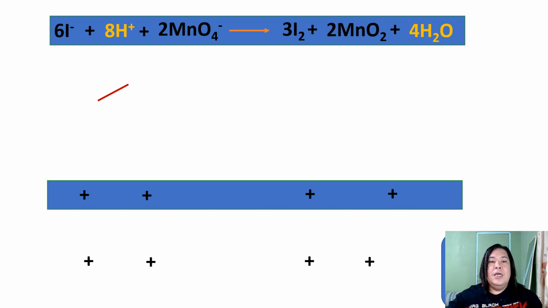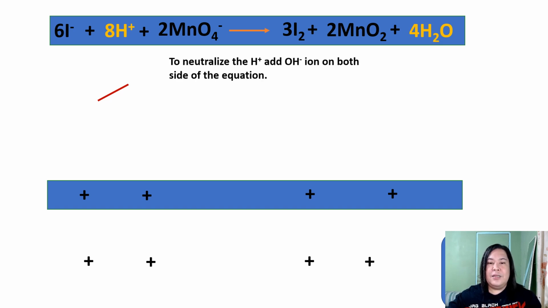Okay, so in our example, to neutralize the hydrogen ion, yung yellow, 8 hydrogen ion, add OH ion on both sides of the equation. So, kung ilan yung hydrogen ion sa reactant side, ganun kadaming number of hydroxide ion ang gagamitin ninyo para siya ma-neutralize.